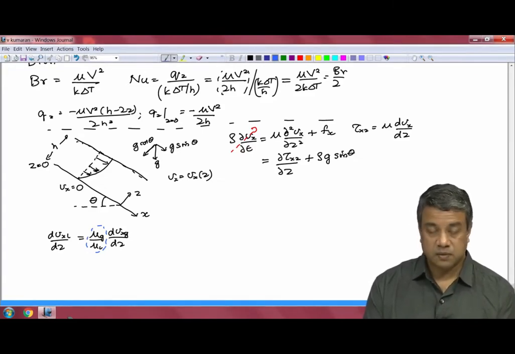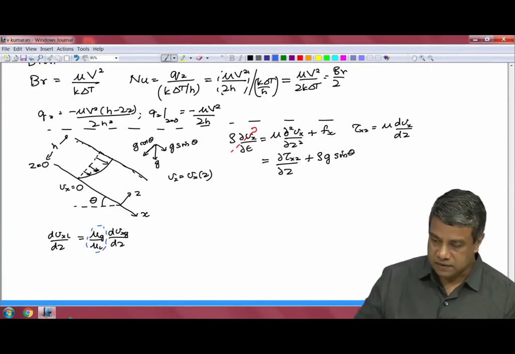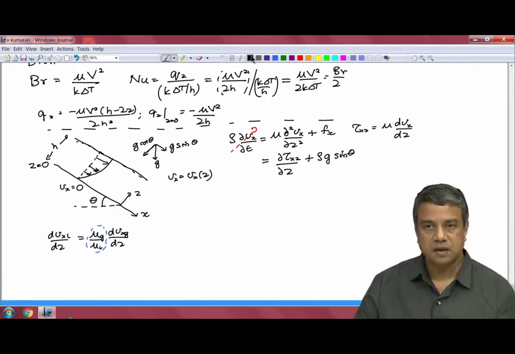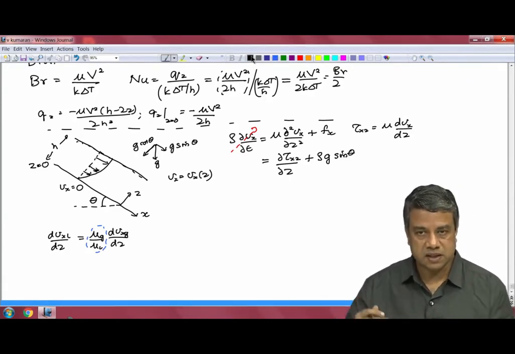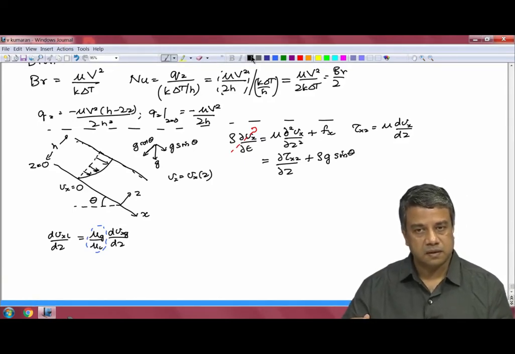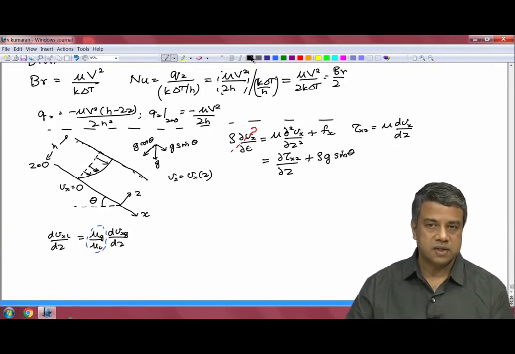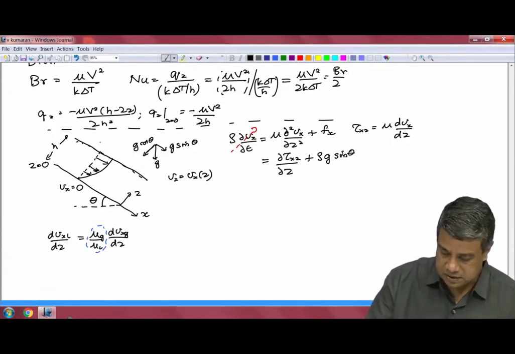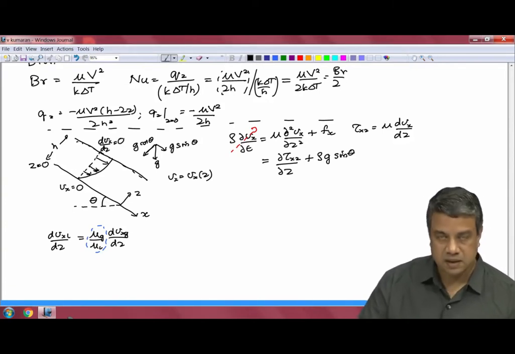So the boundary condition is that the velocity gradient has to be 0 when you have a 0 stress condition at the surface. Because the viscosity of the liquid is much larger, the velocity gradient has to go to 0 at that interface, that is, dVx by dz is equal to 0 at that surface.